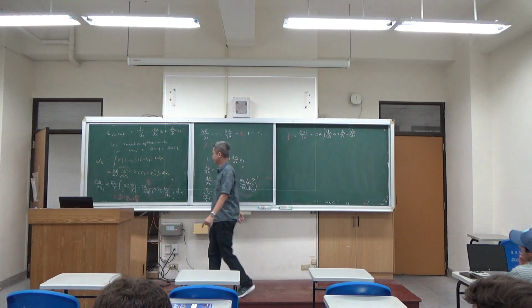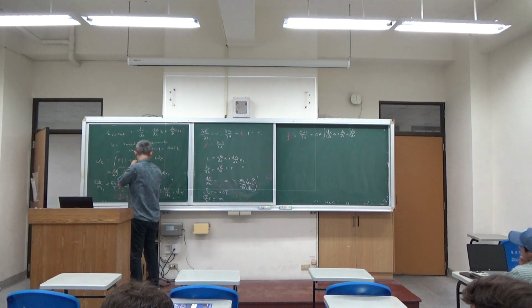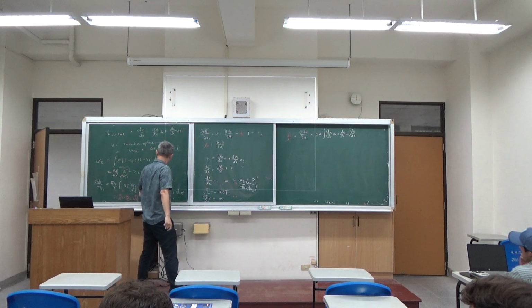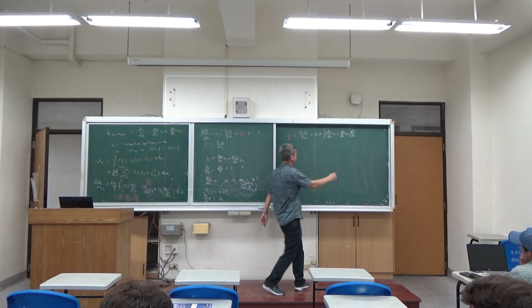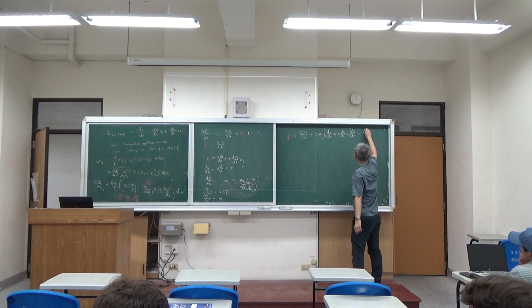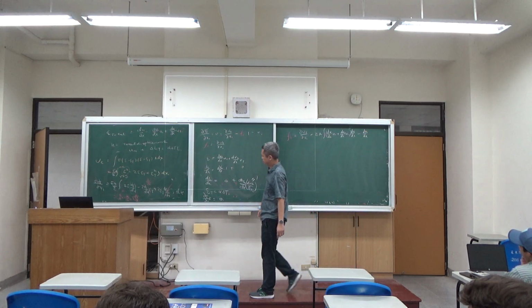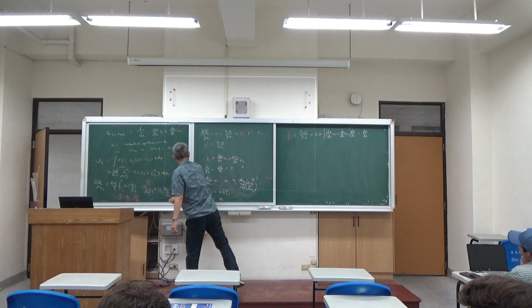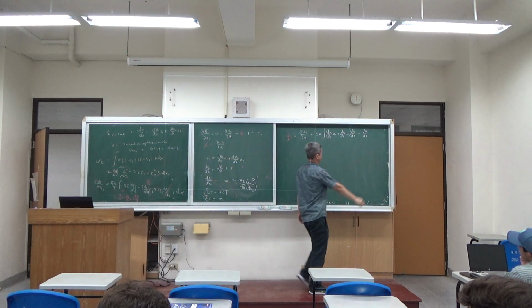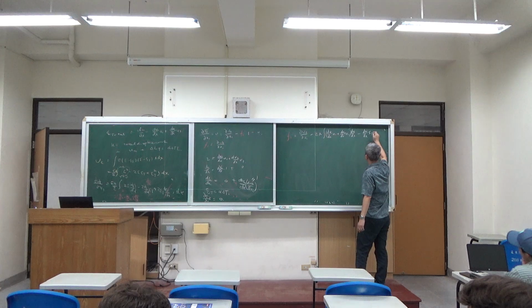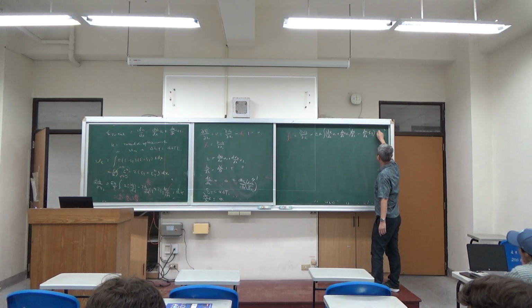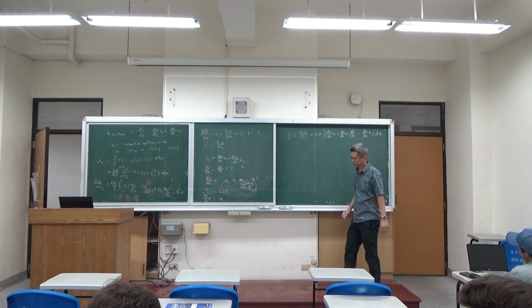How about the second term? The second term is minus dN1 dx times your thermal strain, dx.